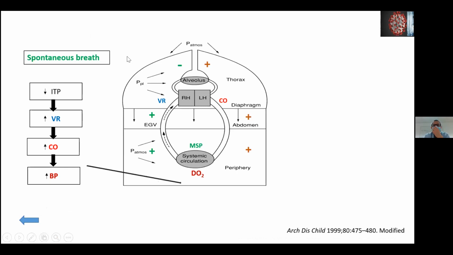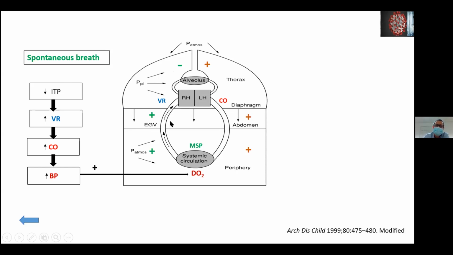In this diagram you see spontaneous breathing. When the chest cage expands because the diaphragm contracts, the diaphragm goes down, and the intrapleural pressure drops. Intrapleural pressure is the surrogate of intrathoracic pressure, so the intrathoracic pressure drops while the intra-abdominal pressure increases, because the diaphragm goes down and squeezes the abdomen, increasing its pressure.